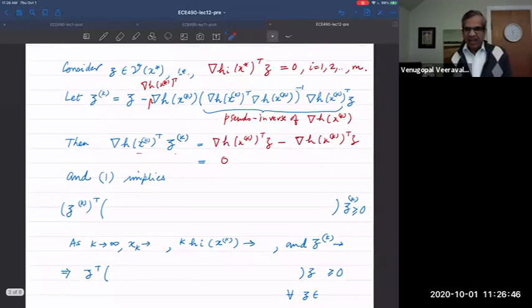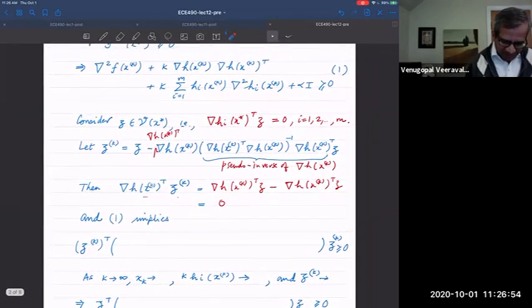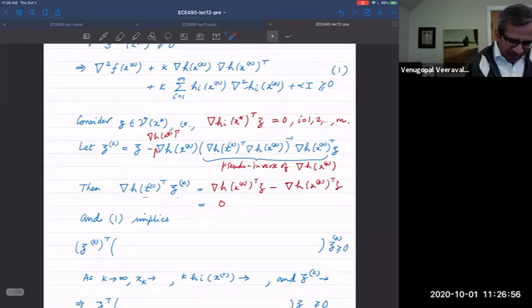So when I pre-multiply by z_k transpose and post-multiply by z_k, and put everything in this equation in the middle there, this term can be ignored because it gets zeroed out. I'll be left with this term and this term. And I know that has to be non-negative because this matrix is positive semi-definite.